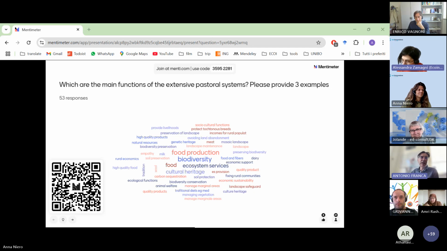But also, of course, the protection of a landscape, biodiversity preservation, cultural heritage too, carbon sequestration, soil protection are all generally considered as ecosystem services. So we are just making a recap of what we have observed in our activity within Pastinnova too. So just only this comment.